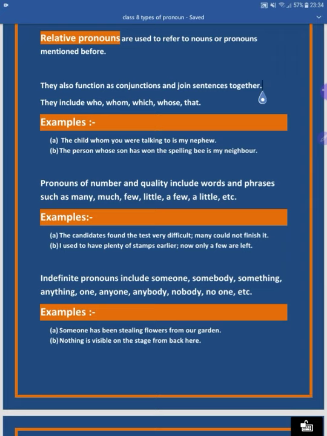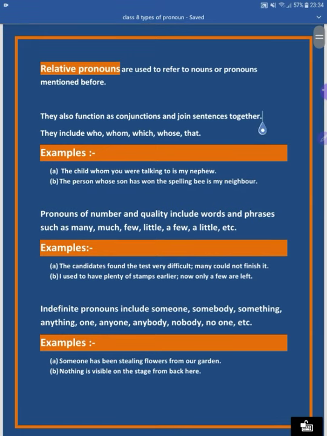For example, we can see: the child whom you were talking to is my nephew. The child is one part and you were talking to, my nephew, is another part, and both parts are getting connected, related, with the help of whom.